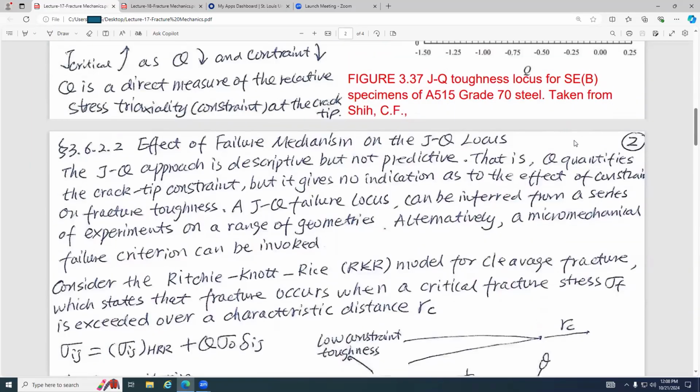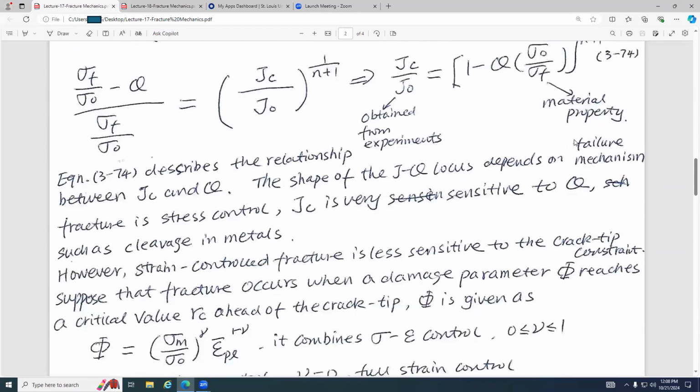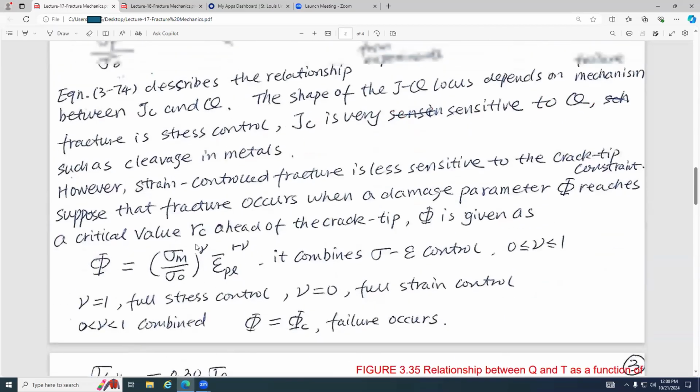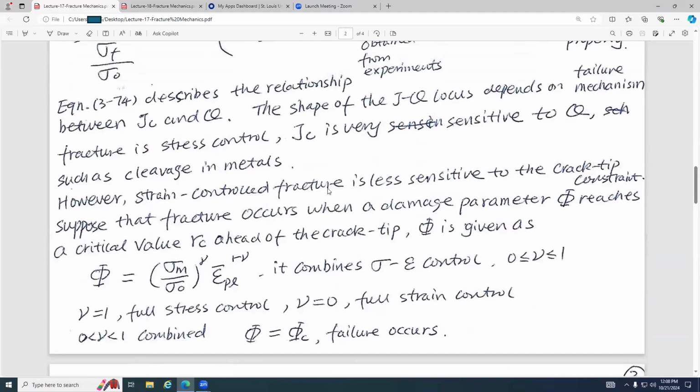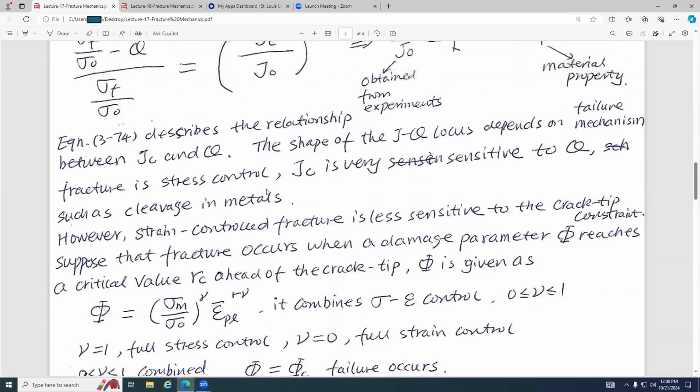So these are different criteria at the crack tip, and different criteria will have different results. We have talked about strain controlled fracture, and also stress controlled fracture.